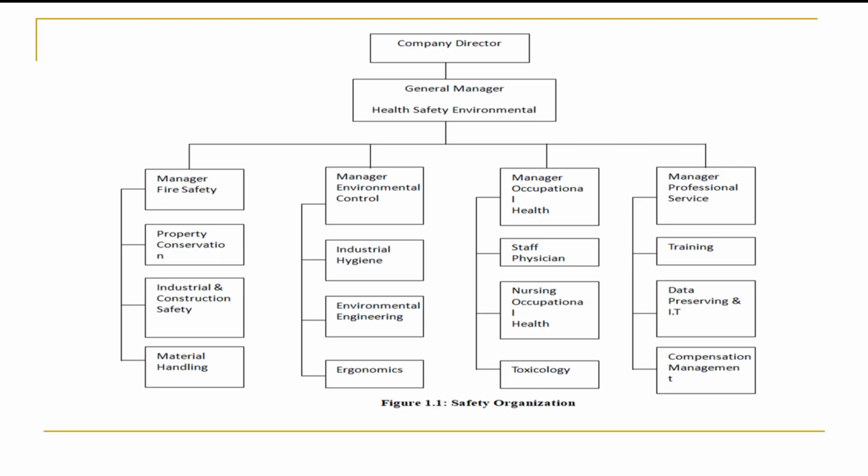This manager provides various industrial safety training programs, maintains industrial safety data, preserves information technology data, and provides compensation management. If any accident occurs in the industry, what type of compensation will be provided to the workers or employers should be decided by the professional service manager. This flowchart represents the safety organization in the industry.